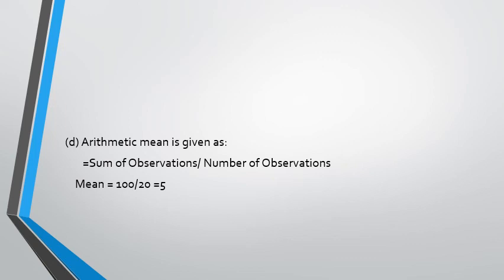So if ever data is given to you and it is not organized, the first step is to organize the data in ascending order by the use of a tally mark table, find out its frequency, and then you can use that easily to calculate your range and your arithmetic mean. So this was part 1 of the data handling introduction. You can attempt the first few questions of exercise 3.1. Thank you.